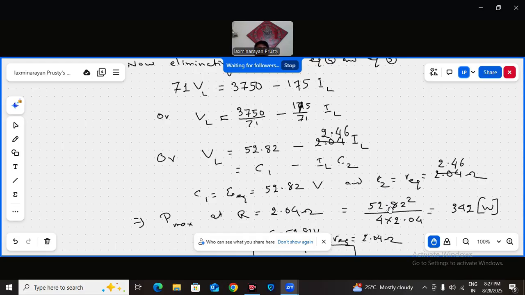Equivalent E squared divided by 4R equivalent. 52.82 whole squared divided by 4 into 2.46. How much is that? 52.82 squared divided by 4 into 2.46 equals 283.5.